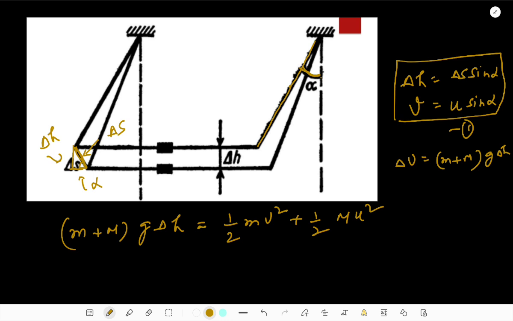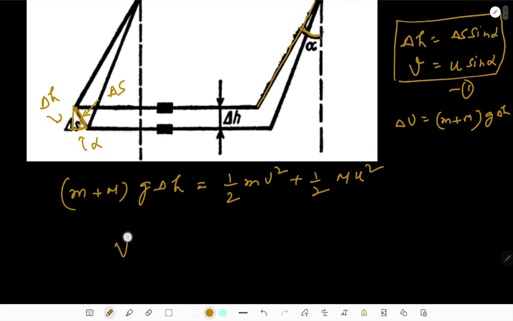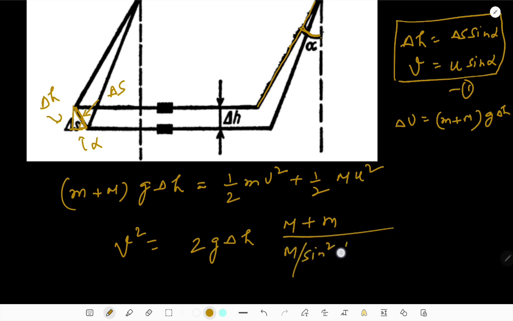So I'm going to use v squared equals u squared sine squared alpha and write it here. Finally I get v squared equals 2g delta h (M plus m) divided by (M over sine squared alpha plus m). We assume that the time interval delta t is so small that the acceleration of the rod and the bead on this interval can be considered constant.